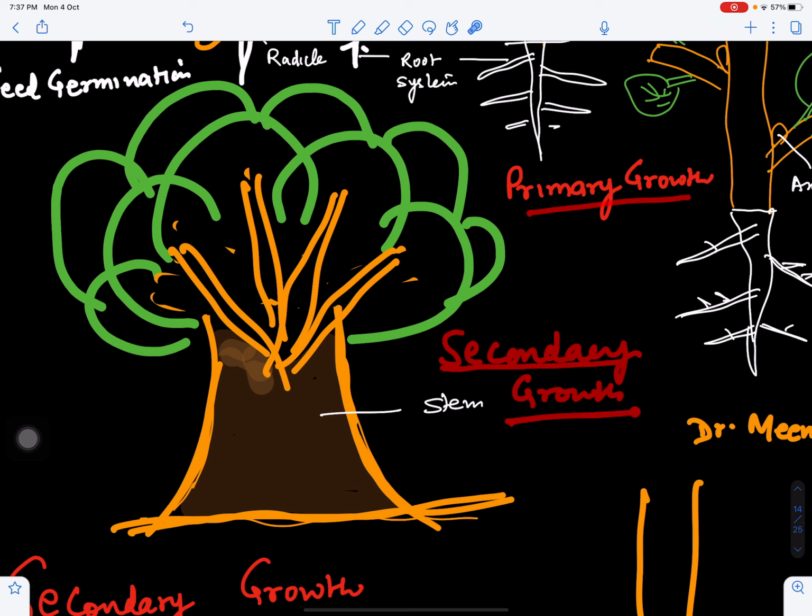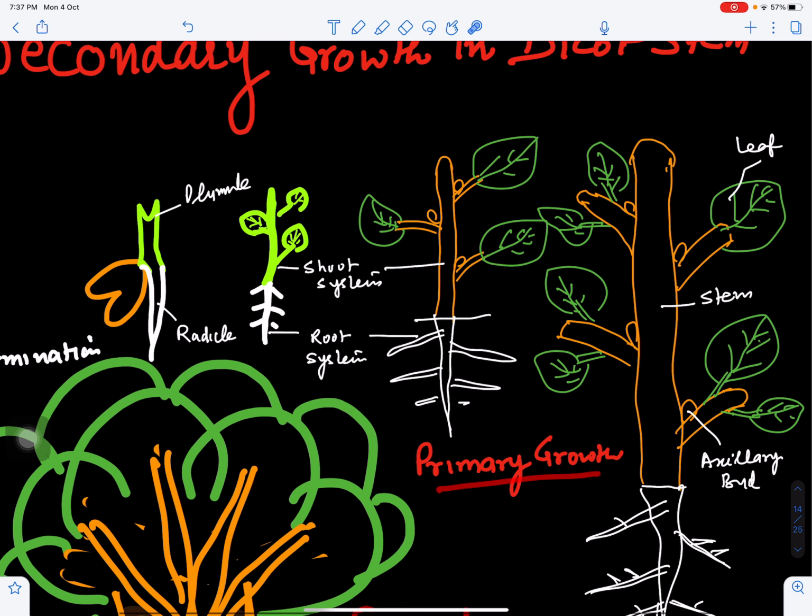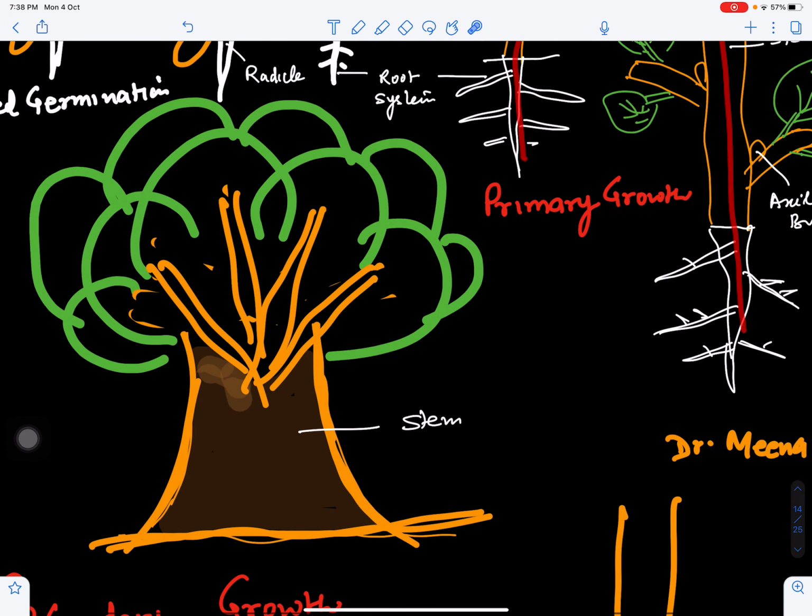During secondary growth, secondary tissues will be formed: secondary vascular tissue, secondary parenchymatous tissue, secondary xylem, secondary phloem. These will be produced. So we can see here in this figure, this is the primary structure and this is the start of the formation of the secondary structure. Ultimately, if this is mango or some tree, it may develop into a tree.